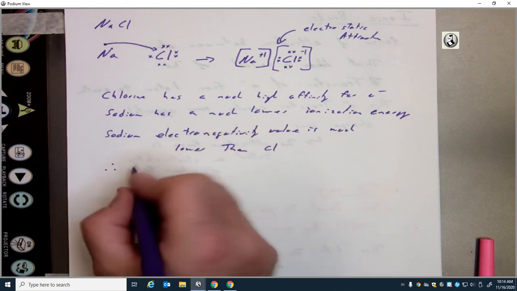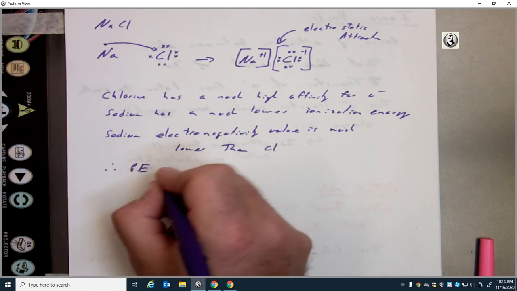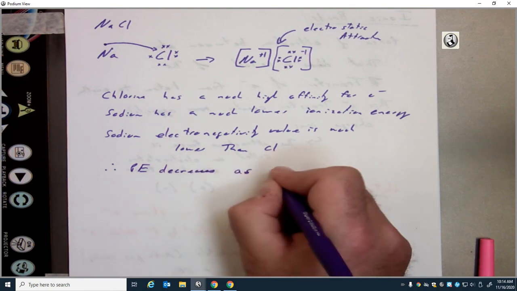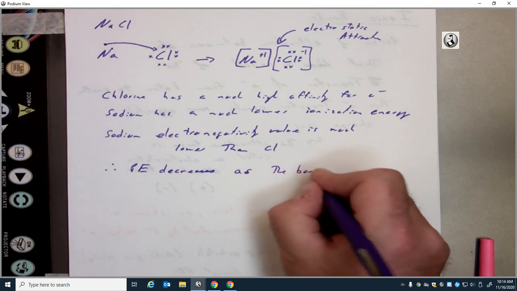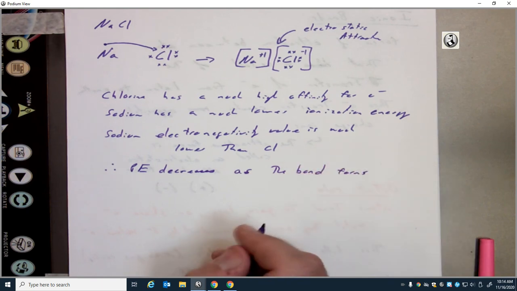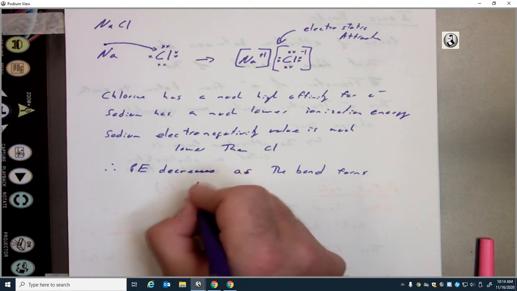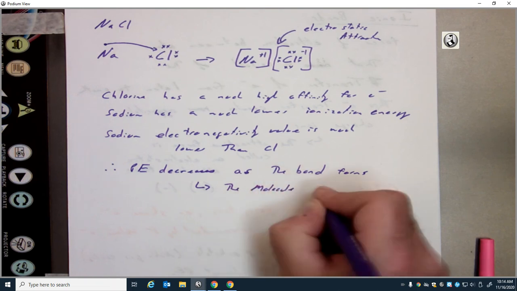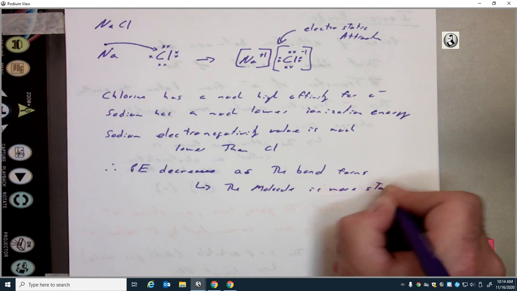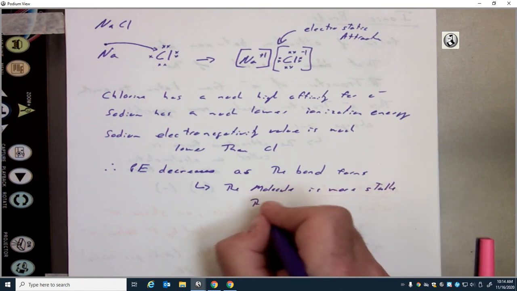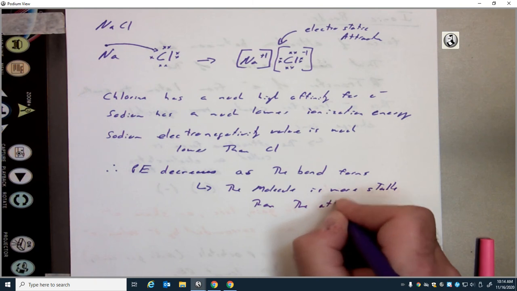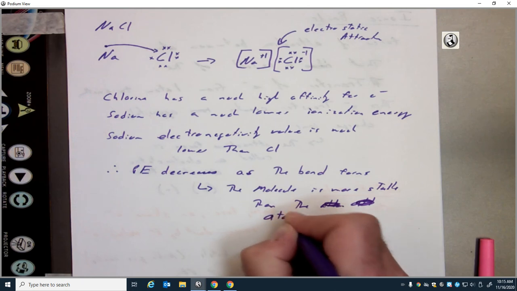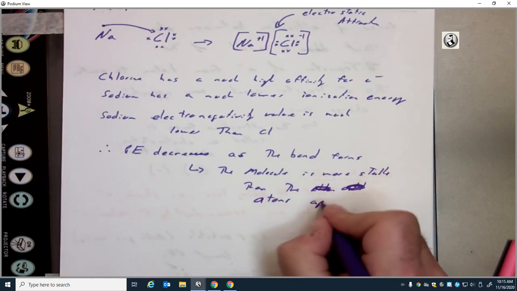Right? So because of all these different things, the potential energy decreases as the bond forms. The molecule is more stable than the atoms apart.